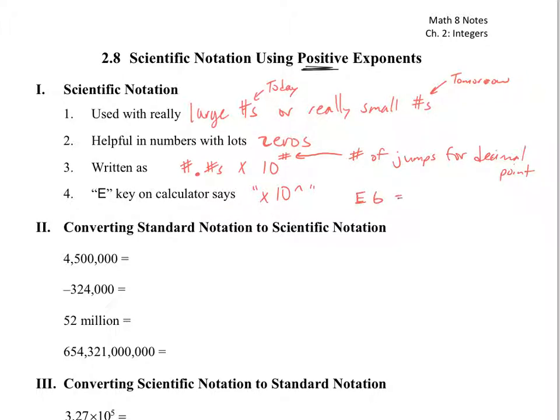That's the same as times 10 to the 6th power. Okay, so if you ever see E, it's this times 10 part. I think the calculators you guys have don't say E. I think they give the actual times 10. Who's got a calculator? We could check real quick.